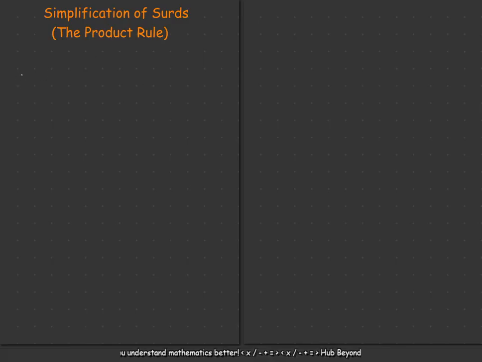By simplifying, I mean if you have the square root of any radical at all, x, you want to write it in the form a root b. Now, how do we do that?